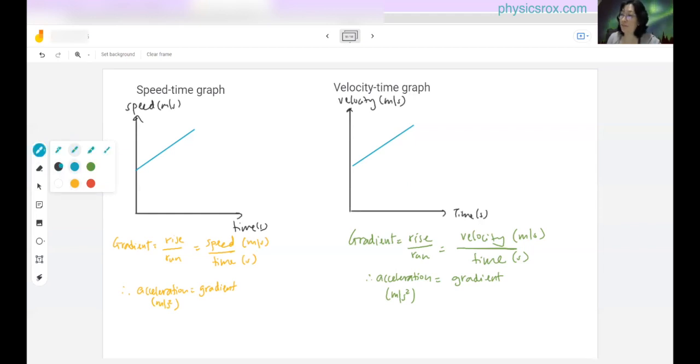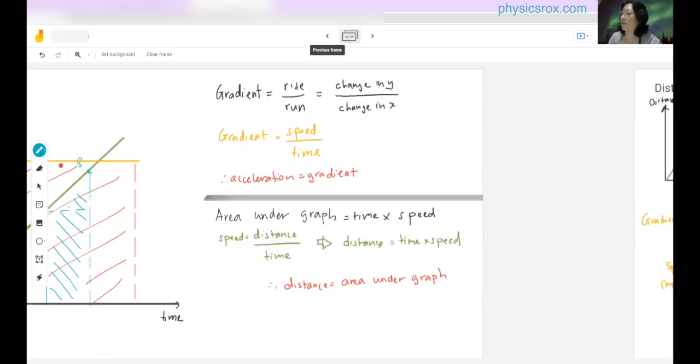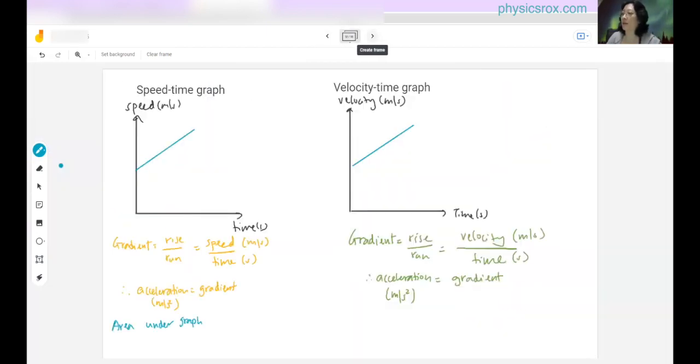The other one is area. Area under the graph, just now we saw, is speed times time. Time times speed. If you multiply these two together, you get distance, which is the area under the graph. If you apply the same concept to the velocity-time graph, it becomes time times velocity.